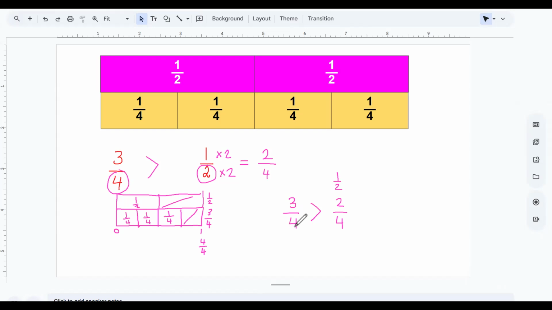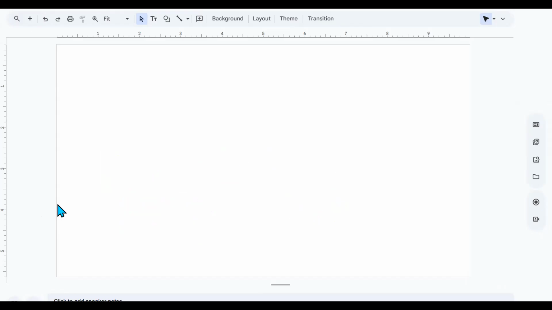Okay, so when we're comparing fractions, we can use a model, we can use equivalent fractions to see which fraction is bigger or not. Okay, let's say we have 3/2 and 4/5.